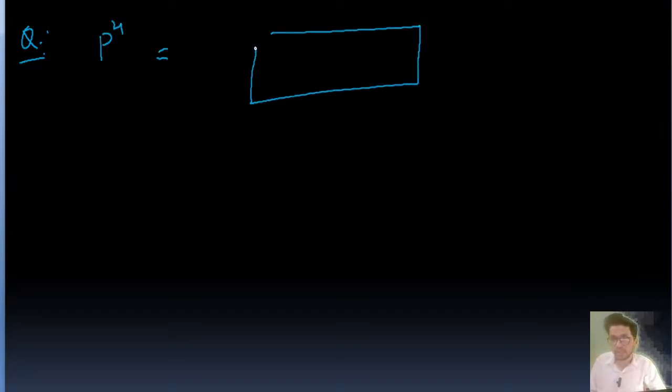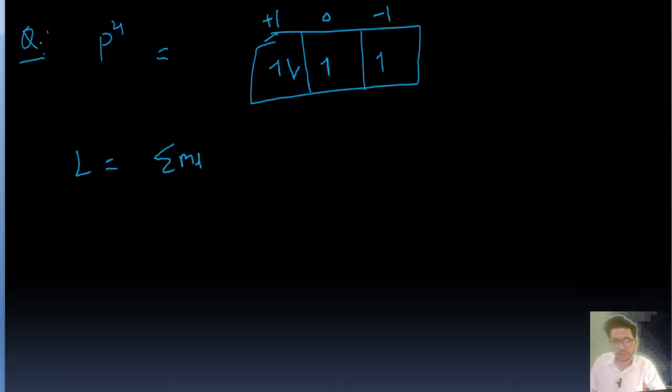Okay, important one. Similarly, next question, for p4 we have to find the term. Again we'll do the same. p4 means these orbitals, right? And these are +1, 0, -1. So again we will find the L value. L equals sigma ml.